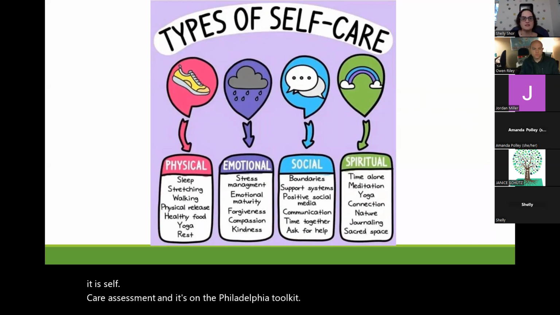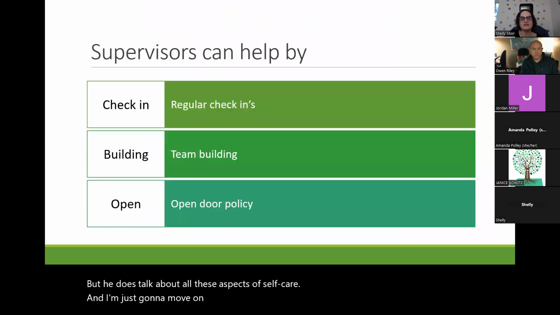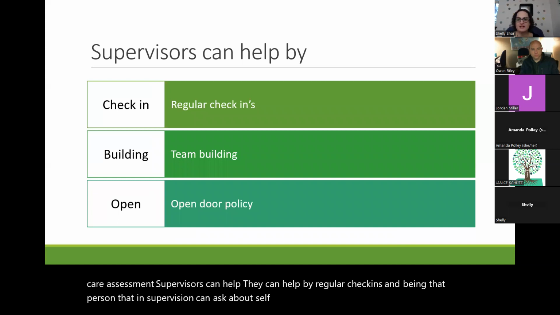Actually, I'm going to share it in a minute, but it does talk about all these aspects of self-care. And I'm just going to move on to the next slide and talk about that, and then move to the self-care assessment. Supervisors can help. They can help by regular check-ins and being that person that in supervision can ask about self-care, that asks about burnout.